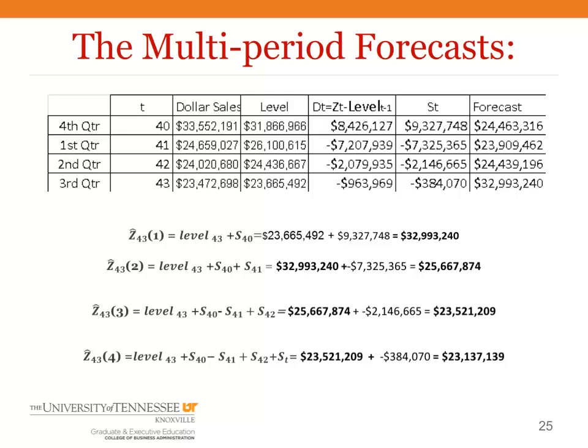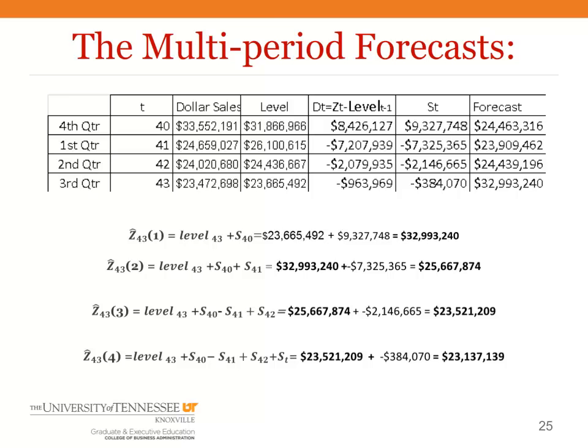This slide is very busy, and I don't expect you to go through every single number in there. I've highlighted some numbers that I want you to look at. So if I'm in period 43, I'm at the end of third quarter and I'm making a forecast for the holiday season, which is fourth quarter.